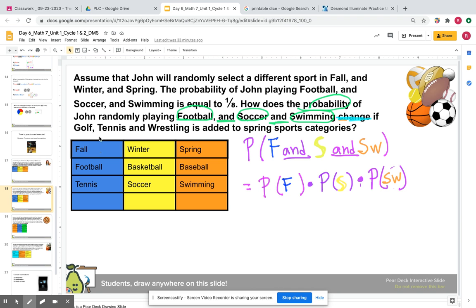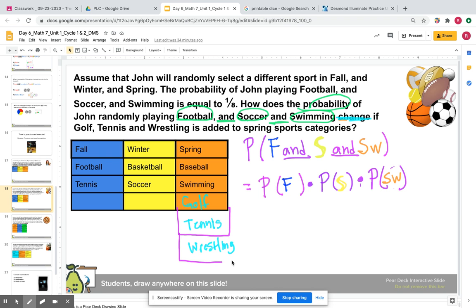And the changes include that in spring you're adding golf, you're adding tennis, and you're adding wrestling. So let me encase those with a different color. Let's see, I'm going to probably use purple. So you're adding 3 more sports into spring.